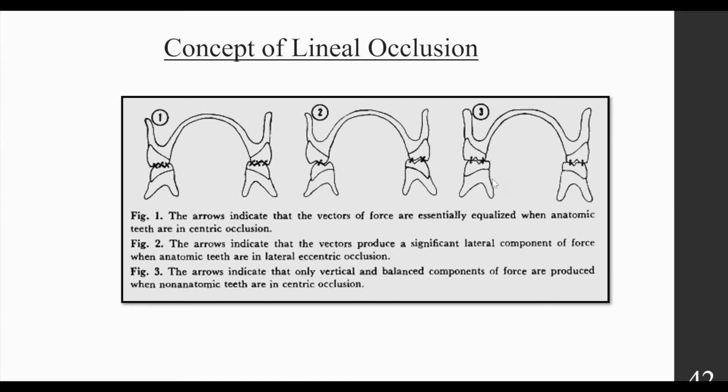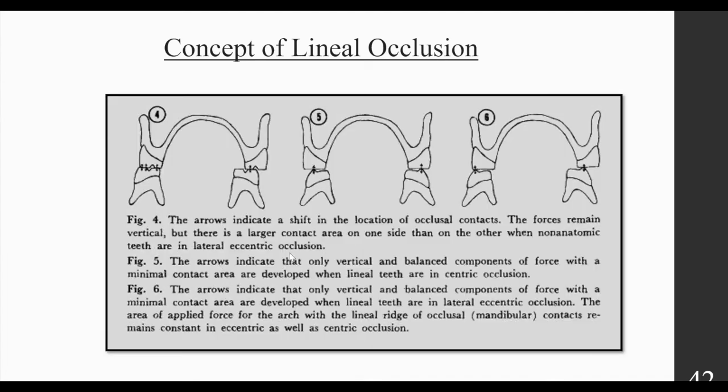Non-anatomical occlusion eliminates most of the lateral components of force. The frictional resistance of the buccal and lingual contacts probably contributes to additional denture base movements. Lineal occlusion has less potential of creating a lateral component of force against the denture bases. Since the area of contact is very small, the frictional resistance is less.